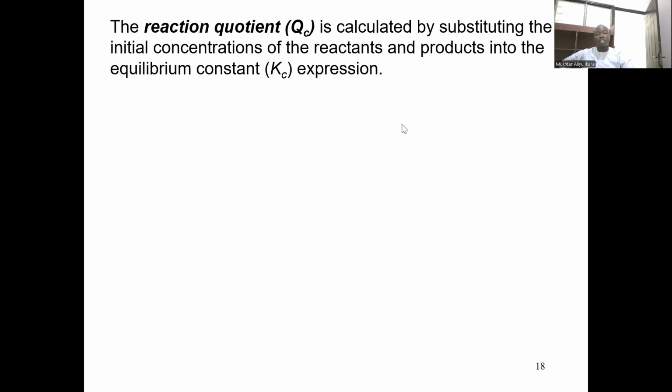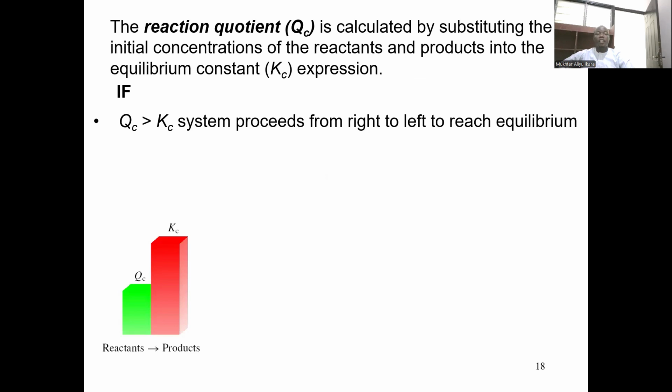The reaction quotient is calculated by substituting the initial concentrations of the reactant and product into the equilibrium constant expression. If Qc is greater than Kc, then the system proceeds from right to left to reach equilibrium.